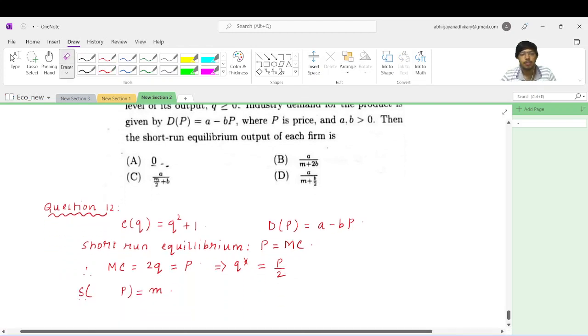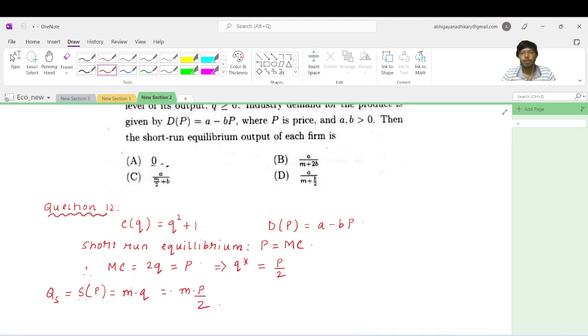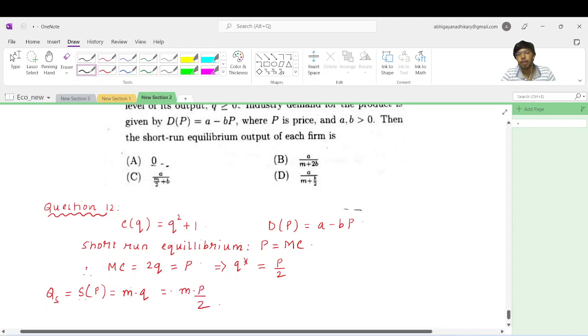It will be S of P, which is nothing but capital Q of S, which is m times small q. So that will become m times P by 2. So this is the market demand that we have, A minus BP, and this is the market supply that we get, S of P equals M times P by 2.